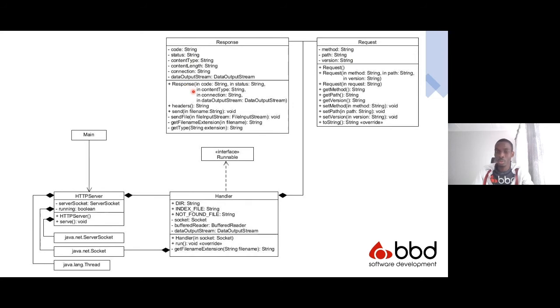The response object will contain the code, status, content type, content length, connection, and also the interesting part here, the data output stream. The data output stream is just to send the file back to the client, if it's available. But in cases where the file is not available, we'll send the response code 404, and then we'll send the 404 HTML file, so that the browser can interpret and know that the file I was looking for is not available on the server.